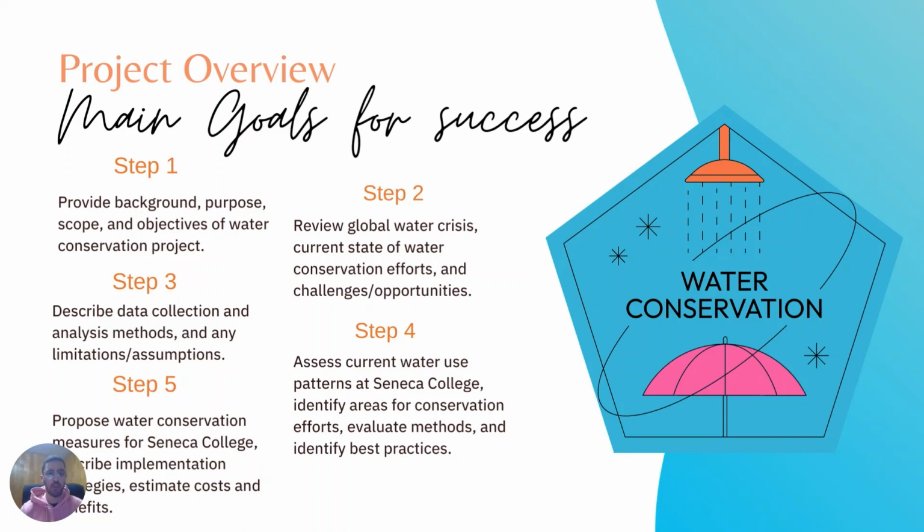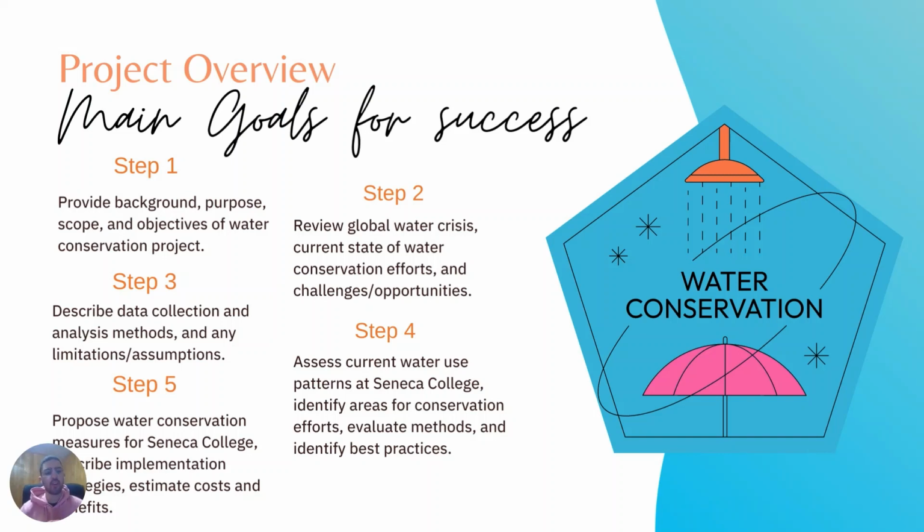So for the project's overview, we've put together some main goals for the success of the project. Step 1, provide background, purpose, scope, and objective of water conservation project. Step 2, review the global water crisis, current state of water conservation efforts, and challenges and opportunities. Step 3, describe data collection and analysis methods and any limitations and assumptions.